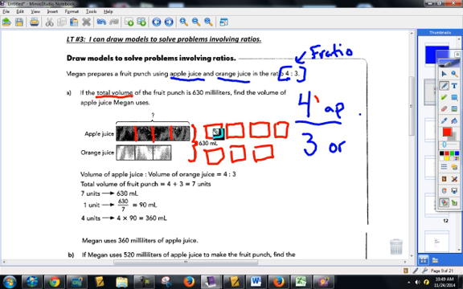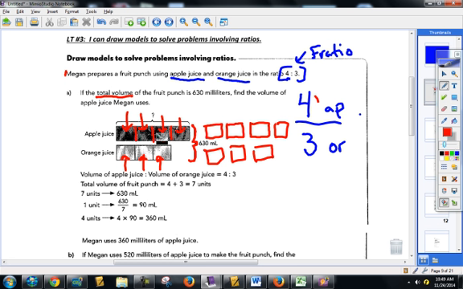We need to find the volume of apple juice Megan used. I don't know why I said vegan. So we know that all of these squares right here represent 630. It kind of goes through it down here, but we know that each one of these squares is representing the exact same amount of liquid. And that's what we've got to find out first.